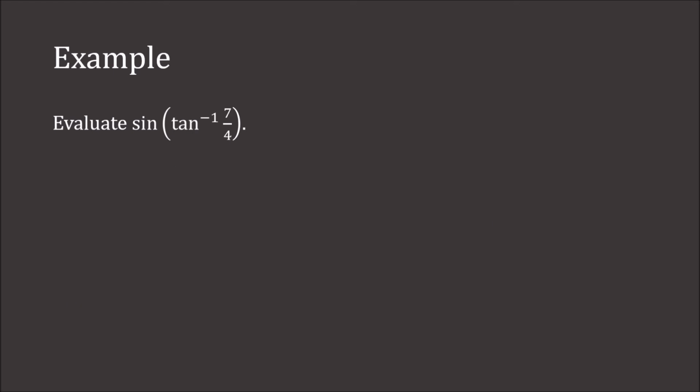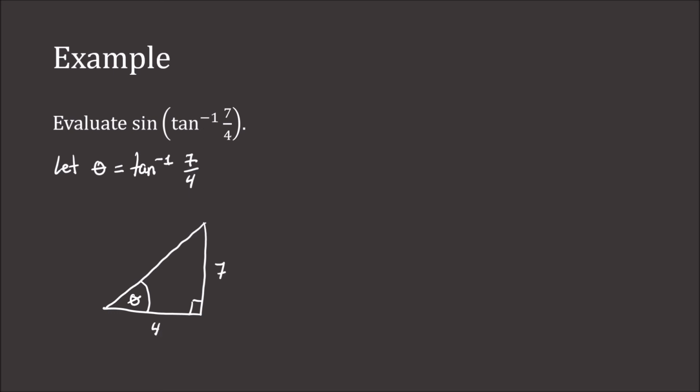Now we're asked to evaluate the sine of the inverse tangent of 7/4. Again, we're going to use right triangle trigonometry. Our angle theta is the inverse tangent of 7/4. Tangent is opposite over adjacent.